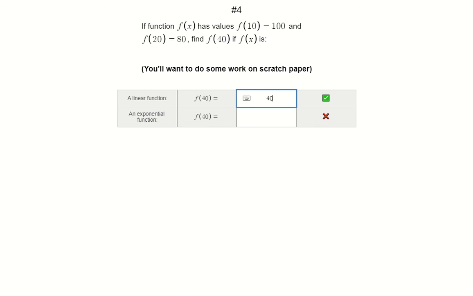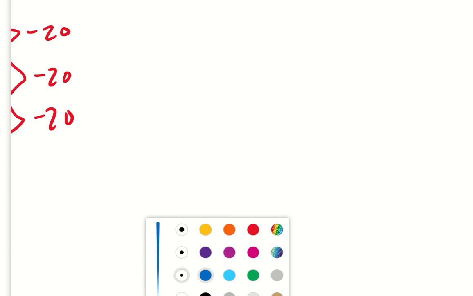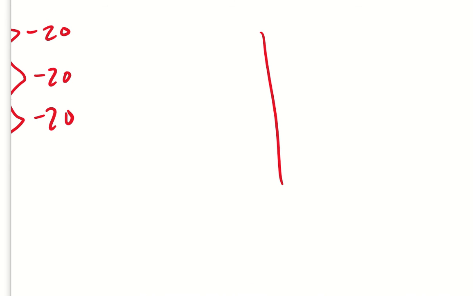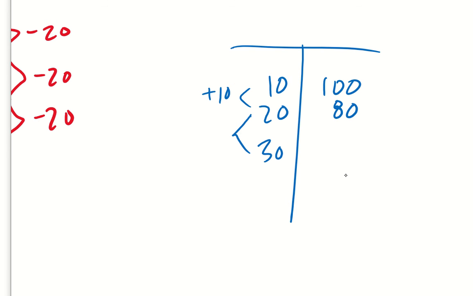And then for exponential, to find f of 40, here is 100, 20 is 80, plus 10, so we're going up to 30, 40. Oh, we're not subtracting.